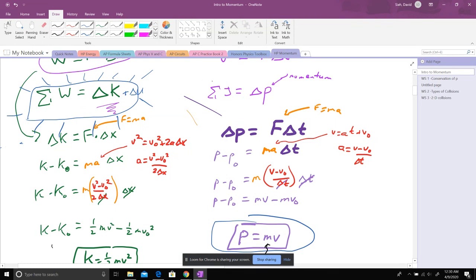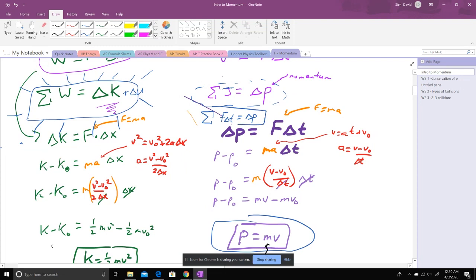Well, over here, likewise, this is going to be the big central formula for momentum. But this sigma J thing, J for impulse, it's very rare that I see people use that symbol J. So instead, we're just going to substitute directly in the formula for impulse, force through time. So sigma force through time, that's our impulse, is equal to the change in the momentum.